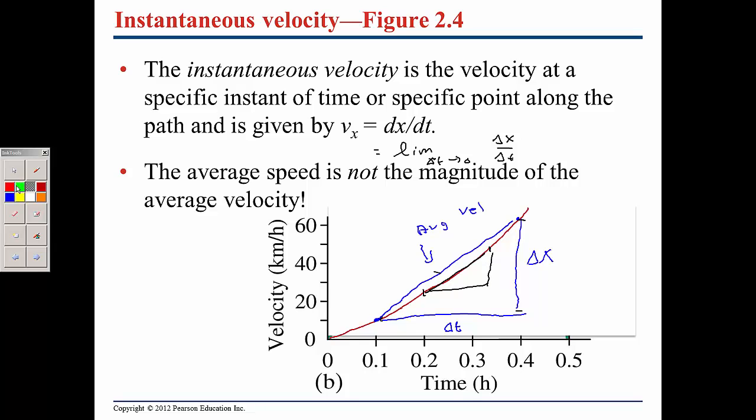Or maybe I'm even looking at a very, very small time interval, one described by that line. Change in x over change in time. So the instantaneous velocity is also known as the derivative of the position versus time. Now we need to know that the average speed is not the magnitude of the average velocity.